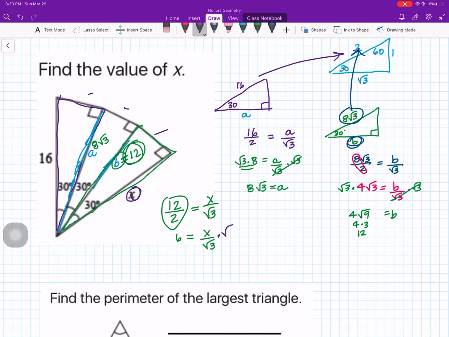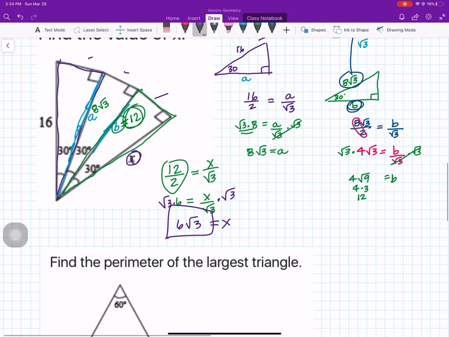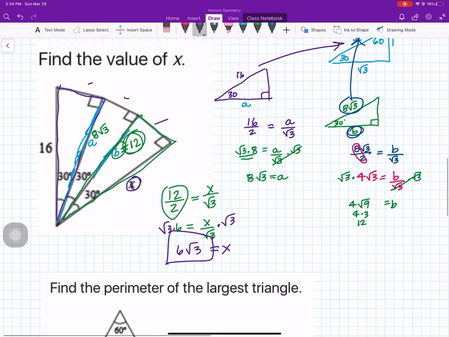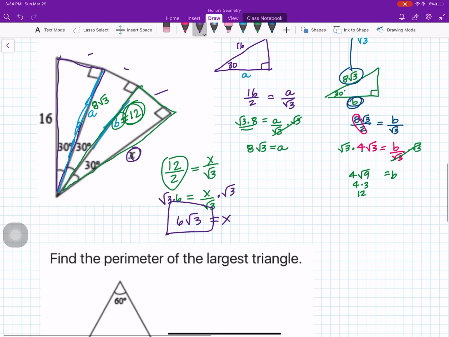Then just like before, I'll multiply to get rid of the fraction. So I have 6 root 3 equals x. And I'm finished. That problem seemed very complicated, but once you realize that it was the same process over and over again, it's not too terribly bad.